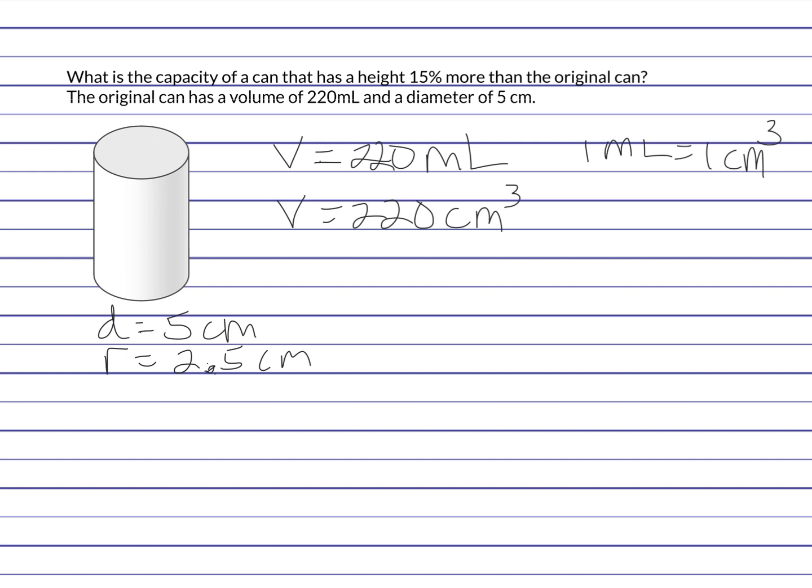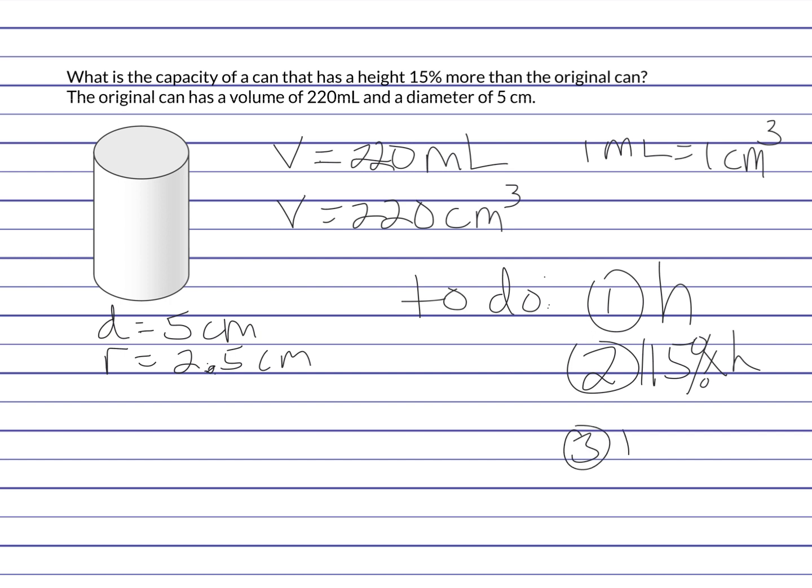So I know a volume, and I know the radius, but I need to figure out a height and then make it 15% more and then find a volume. So this is our to-do list. We need to find 1, the height, 2, 15% of the height, and 3, the new volume.